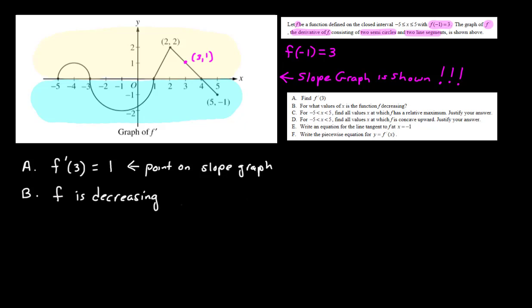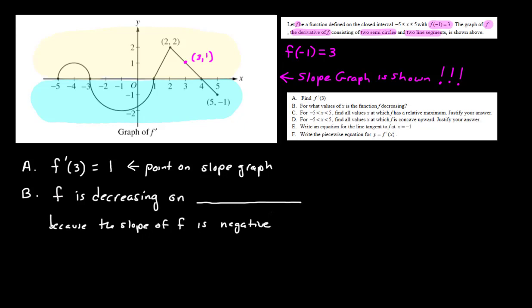So f is decreasing on, and then I have to put an answer for what values of x the function is decreasing. But I remember from earlier in the unit the reason for it. And the reason is because the slope of f is negative. Remember that?